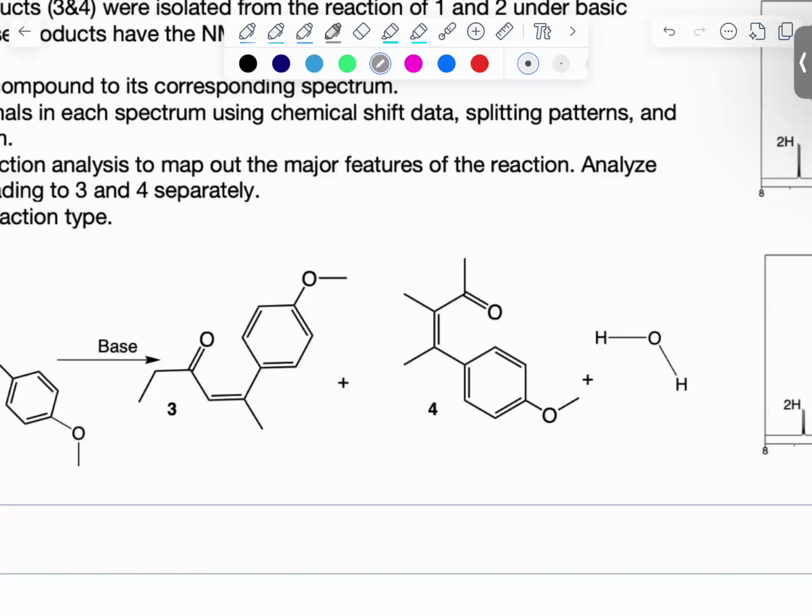How do I know which one is the site? What makes up a site? What exactly am I looking for? What kind of atom? Hydrogen. So really our first step should be drawing out all of those hydrogens.